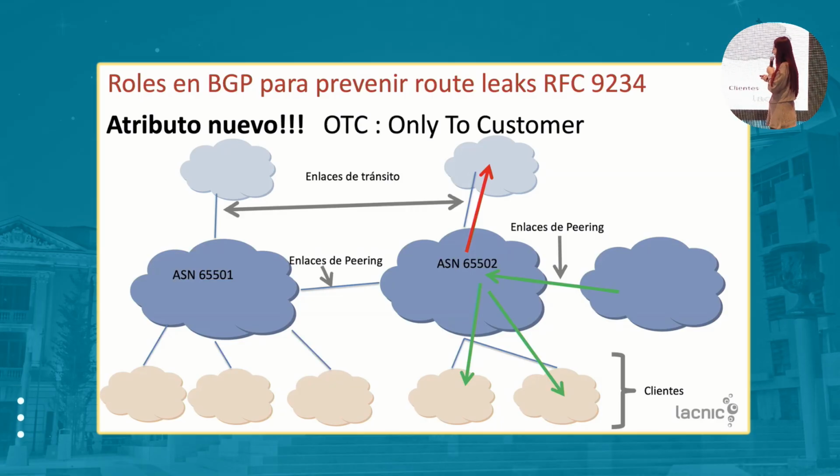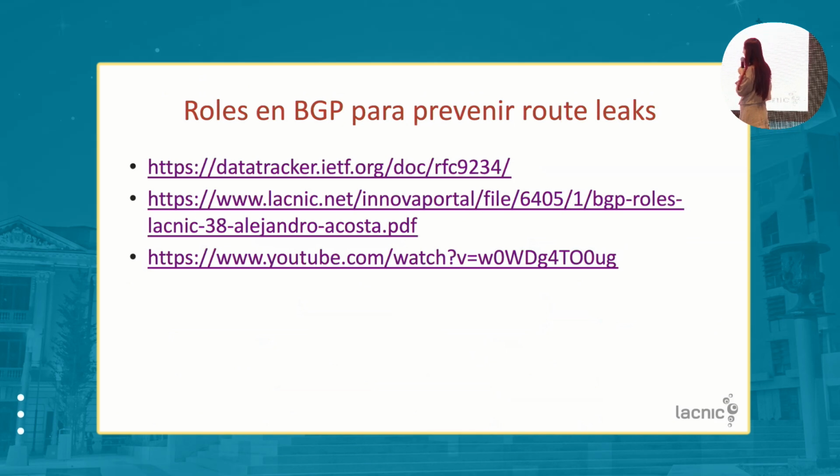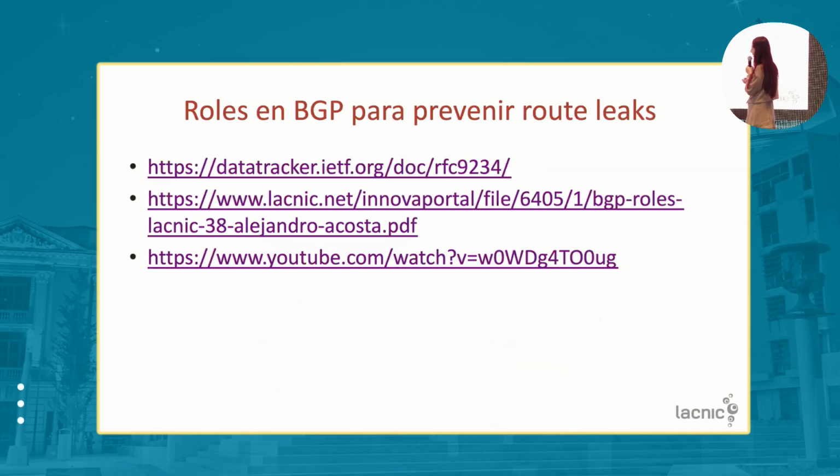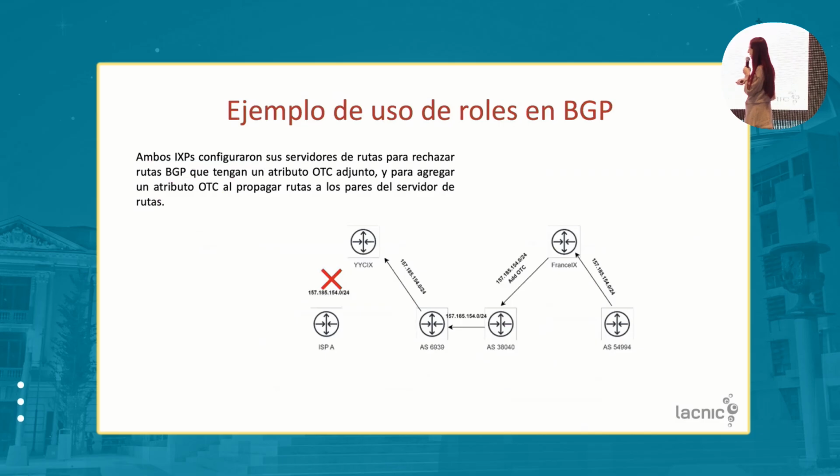But the connection, for example, between the customer and the peering, this should not be acceptable between the roles or the relations that we have. And likewise between the customer and the peering link. These links contain the information, so you can check out this mechanism.